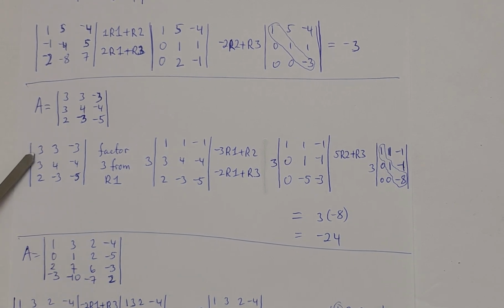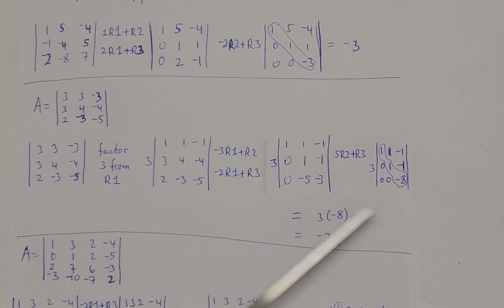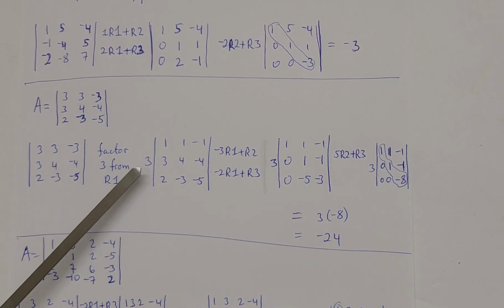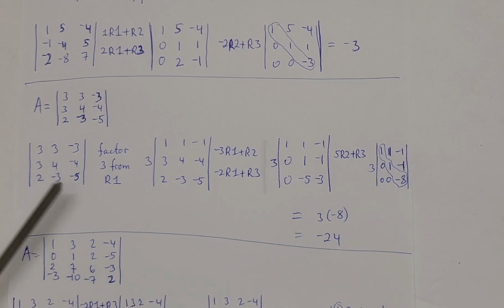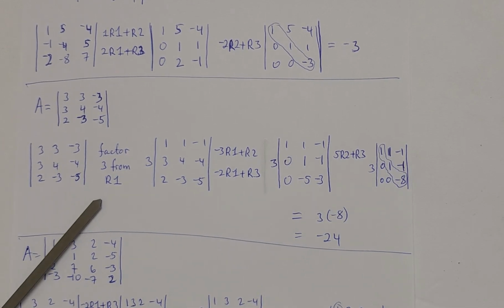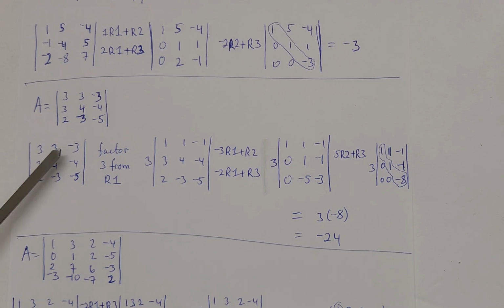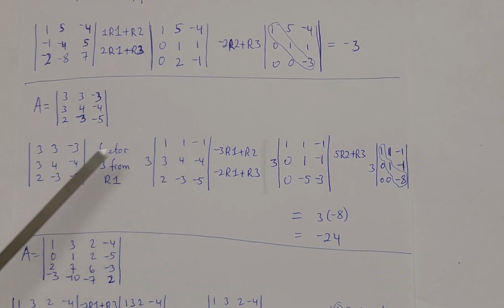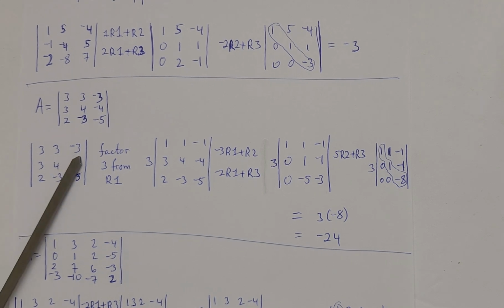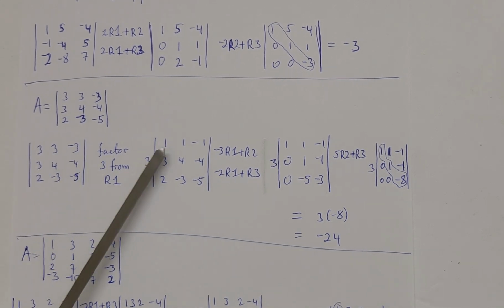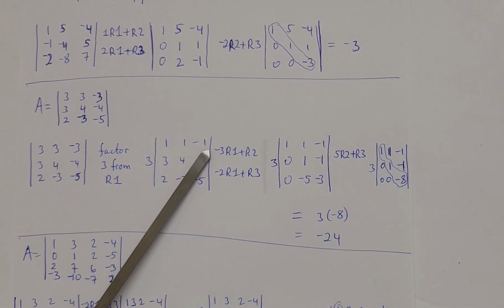However, for this purpose, I'm going to use a scalar. So this example is just to show you the scalar. I'm going to turn all of this 3 into 1 by factoring out the 3. When I factor out this 3, this is my scalar. So divide by 3, divide by 3, divide by 3, or factor the 3. That gives me 1, 1, and -1.